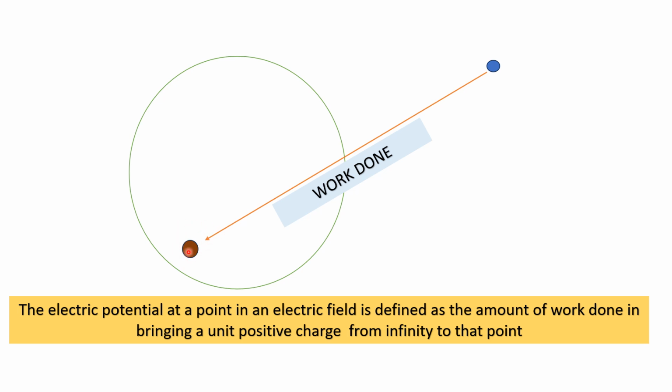It is defined as the work that we need to do to bring one unit positive charge from infinity. Why is it called infinity? Because it is outside the electric field. So if we do some work, if we give some external energy to bring this unit positive charge to this point, that is called the electric potential.